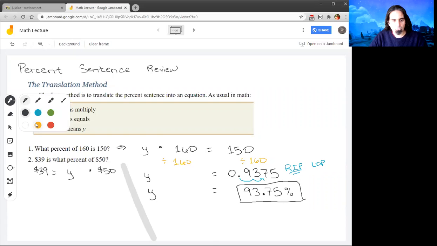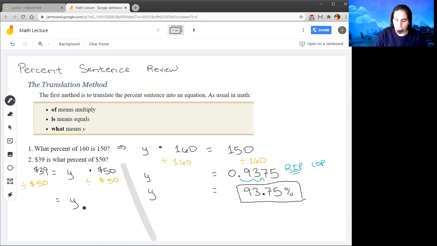The opposite is divide. The opposite of times 50 is divided by 50. If we do it to one side, we do it to the other, and whatever that number is. As before, we're going to go right into percent.